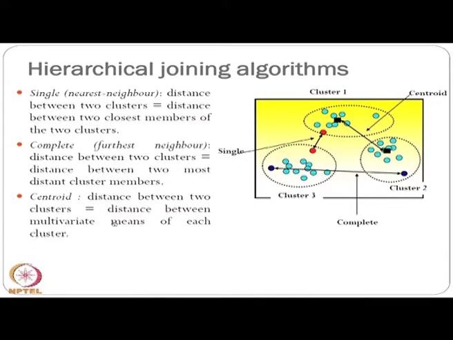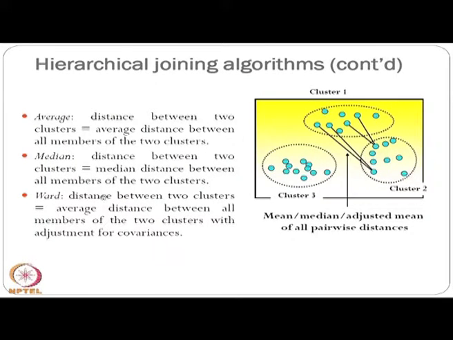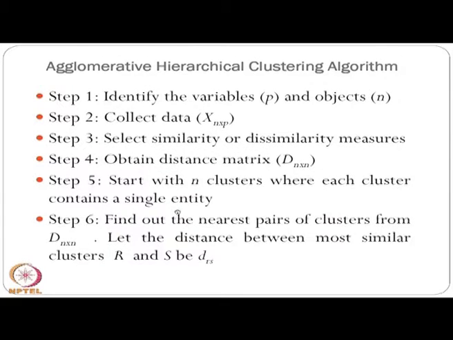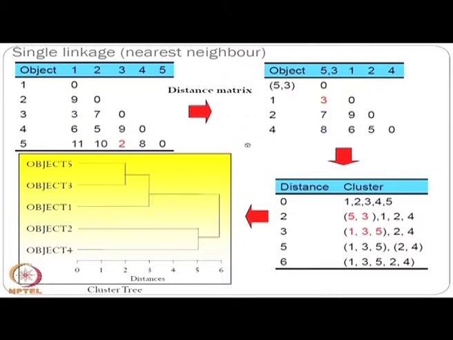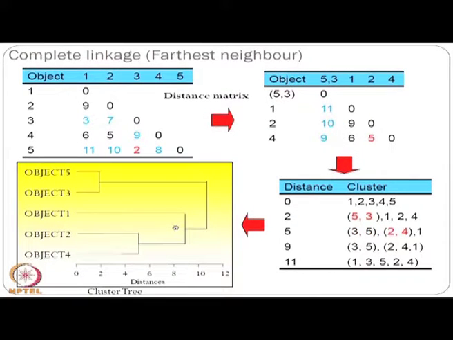Centroid we have not discussed, we will be discussing today. And average, median and Ward, these are also not completely discussed. Then the total algorithm I have already discussed to you, and I have also given this example in the last class, and you have seen how the dendrogram was formed.